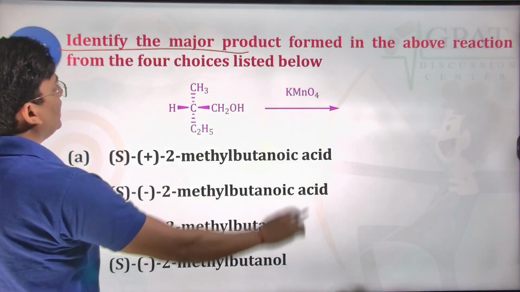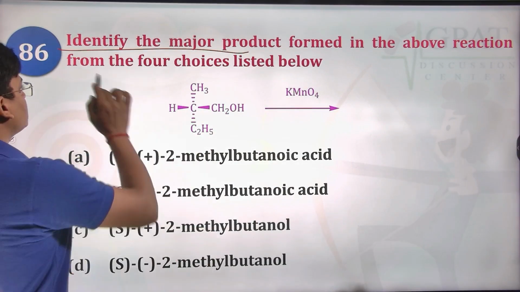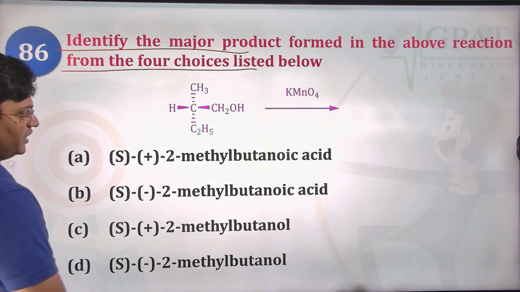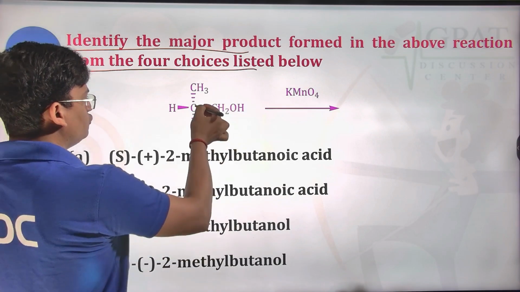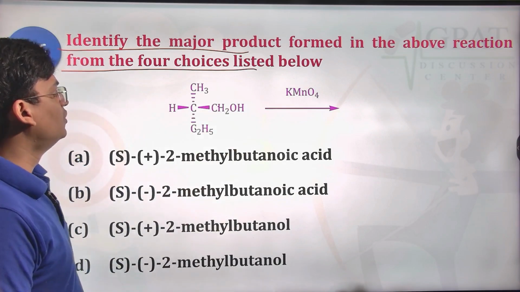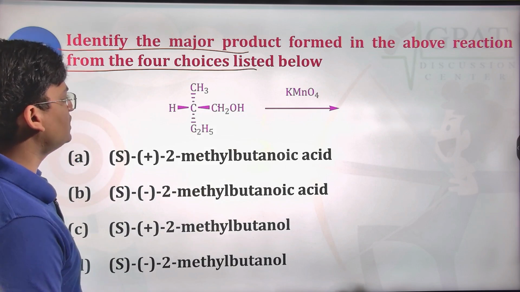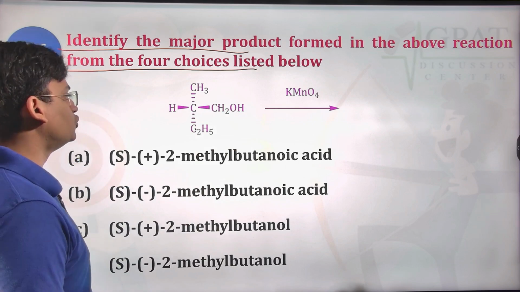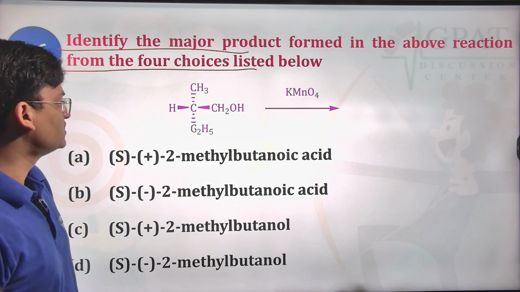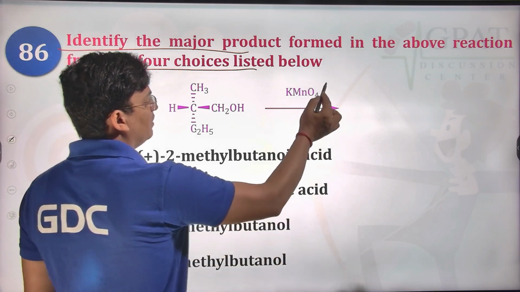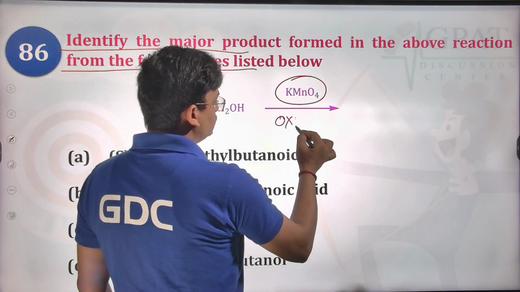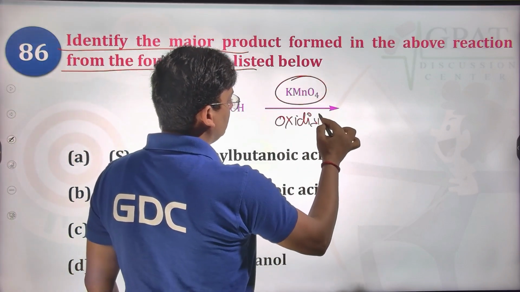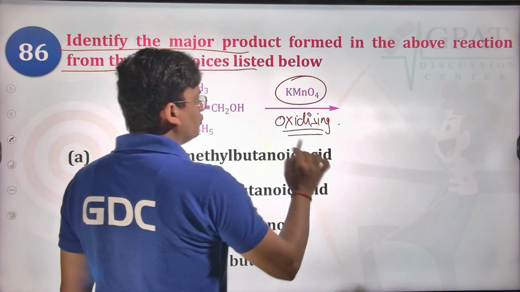Next question: identify the major product formed in the above reaction from the 4 choices listed below. We have 1, 2, 3, 4. Here we have 2-methyl butanol as our substrate, and then KMnO4, which is an oxidizing agent. This will oxidize our alcohol functionality to a carboxylic group.